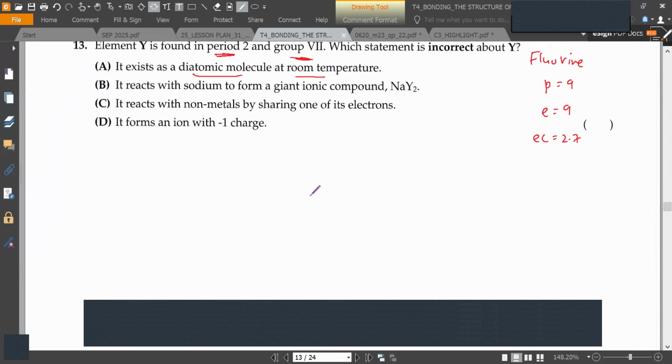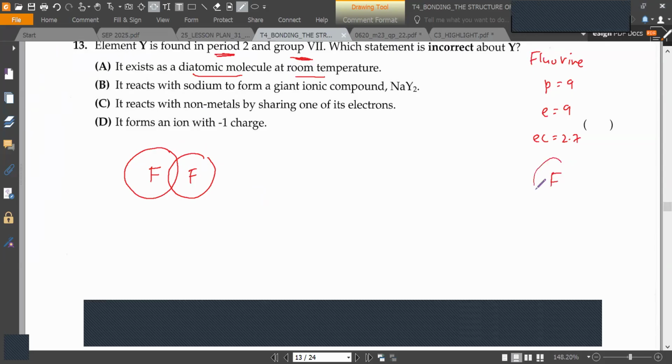So we can check that. Now fluorine has 7 outer electrons, so it will bond like this.